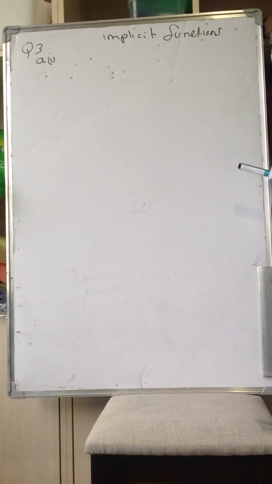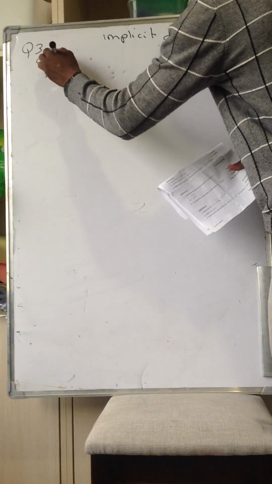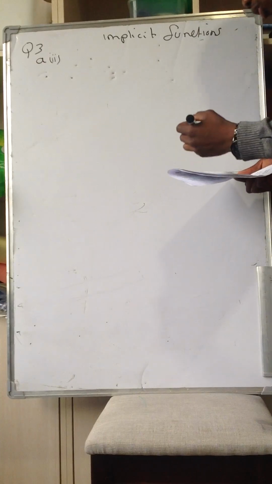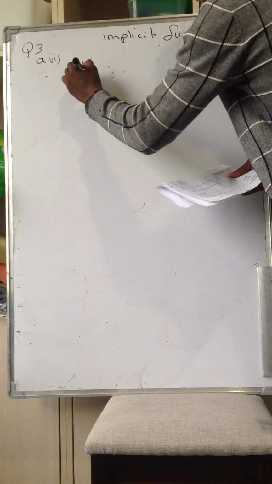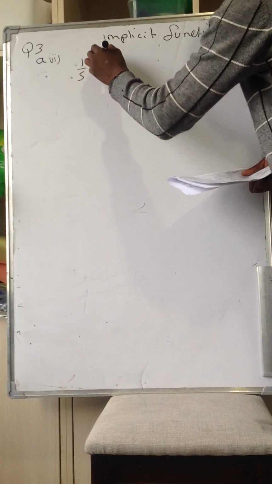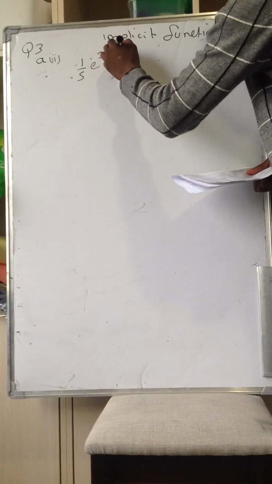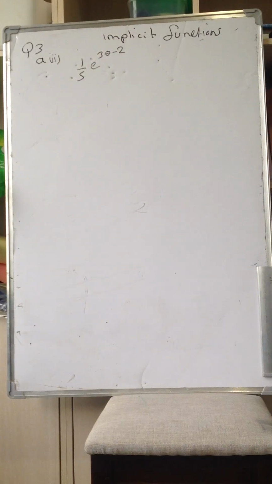So question 2, the question reads, we have 1 over 5 e raised to power 3 theta minus 2. Okay, even this one we have to differentiate with respect to x.